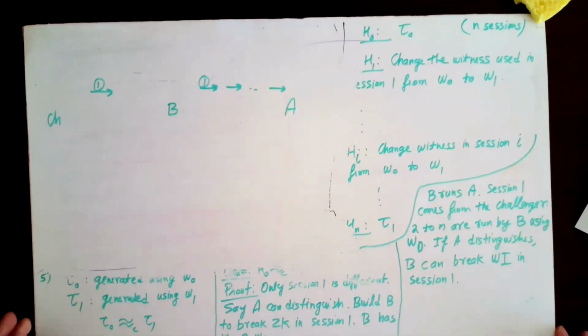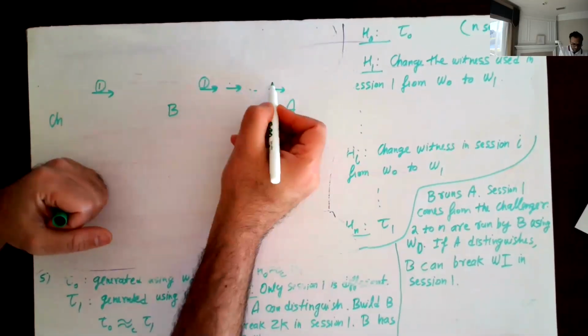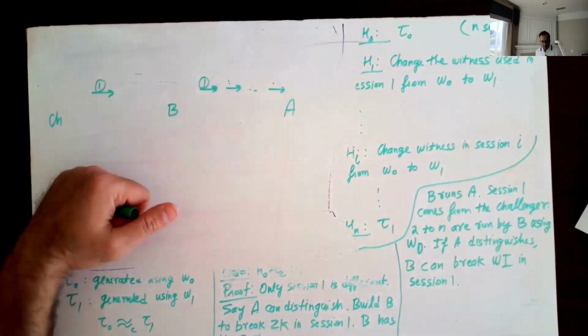Now what does B put here? Because B is not getting this from the challenger.